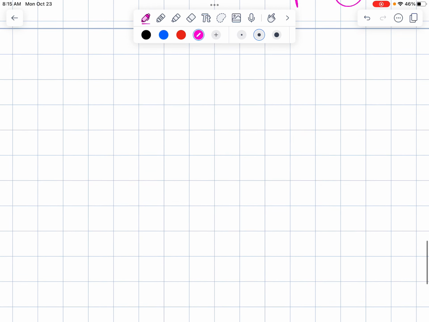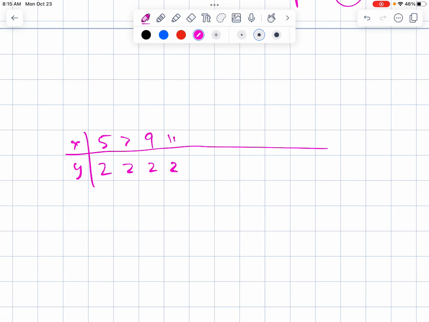Okay, now let's do this one. X, y, 5, 7, 9, 11, and let's do 2, 2, 2, 2. Find the slope for this one. Okay, the slope for this one is 0 because the change in the y values is 0. There's no change in the y values.